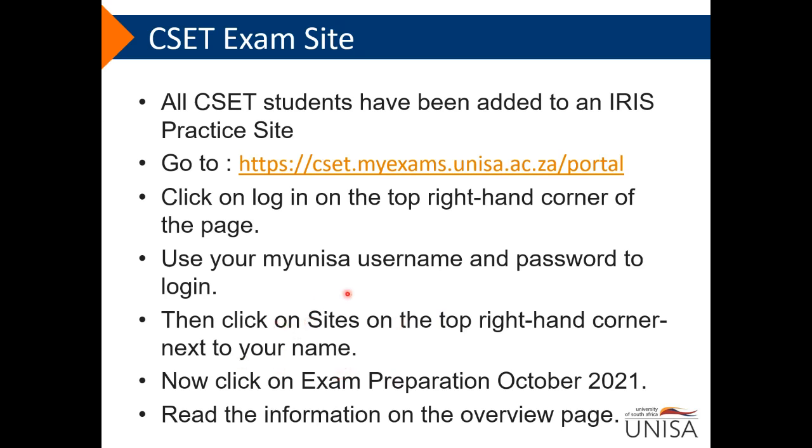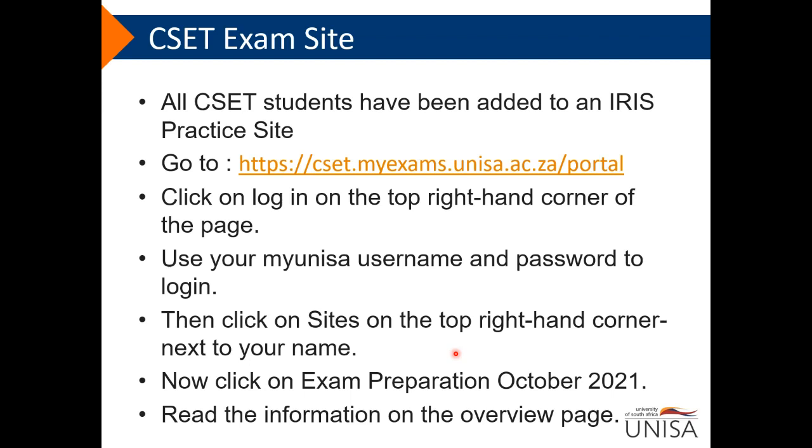After putting in your username and password, you click on Sites on the top right hand corner next to your name. Now click on Exam Preparation October 2021, and then read the information on the overview page. What is extremely important to note is that you have to do the practice test.